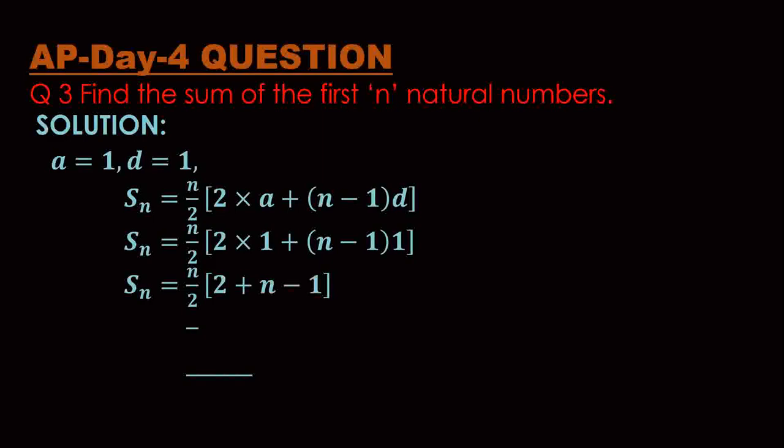So as you open the bracket, there you have 2 plus n minus 1. So 2 minus 1 will be 1. So S n equal to n by 2, n plus 1. So this can be rewritten as S n equal to n into n plus 1 divided by 2. So that's the sum of the first n natural numbers.